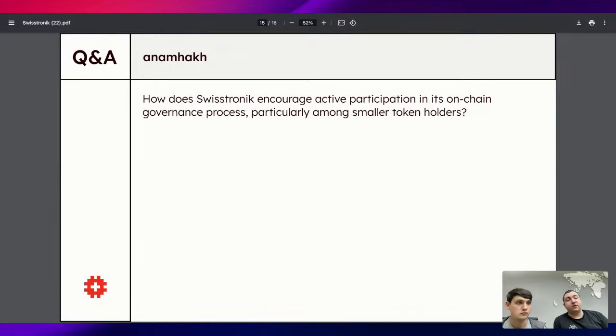The next question is from Anamha. How does Swisstronic encourage active participation in its on-chain governance process, particularly among smaller token holders? In the first place, it's quite important for the people who are holding the token, who are with the project for the long run, to see that it's growing in a healthy way and that good decisions are made.